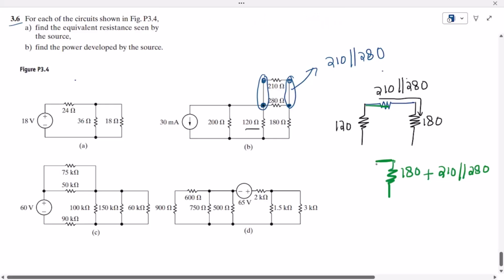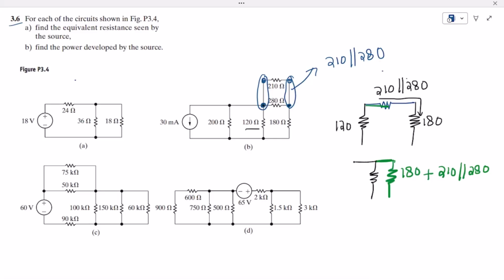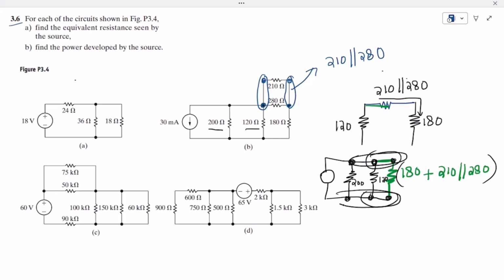The other resistors with it are this 200, this 200, this 120, and then the source. We can see that the two ends of these resistors are connected directly, so they are all in parallel with each other.